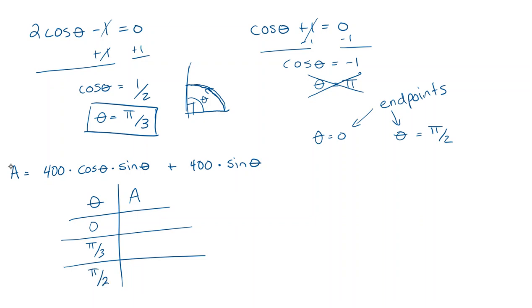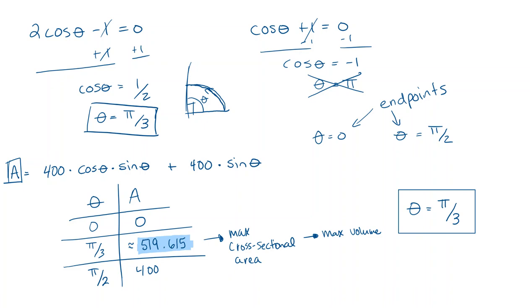So recalling the area formula that we found earlier, we'll just substitute these in and complete the table. We see when calculating that when theta is pi over 3, we would get the maximum area of 519.615. And in this case, a maximum cross-sectional area would give us a maximum volume. So for our problem, theta should be pi over 3 to give us a maximum amount of water in the trough.